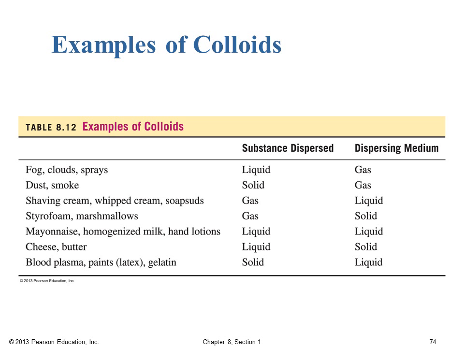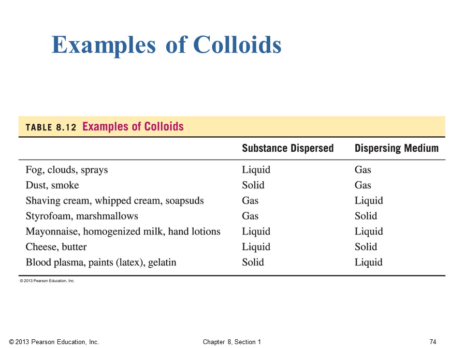Some examples of colloids are fog, where we have liquids and gases. When we have smoke, we have solids and gases, and we see all these other different types of colloids.